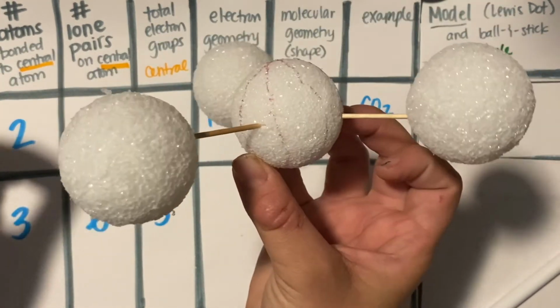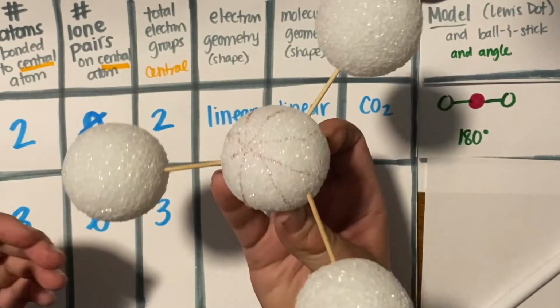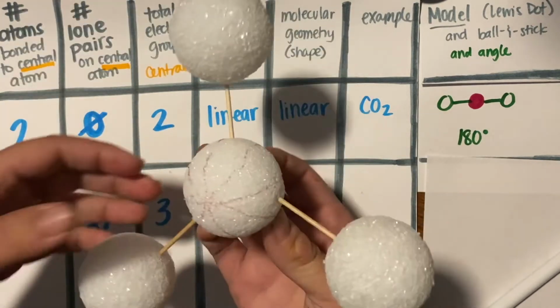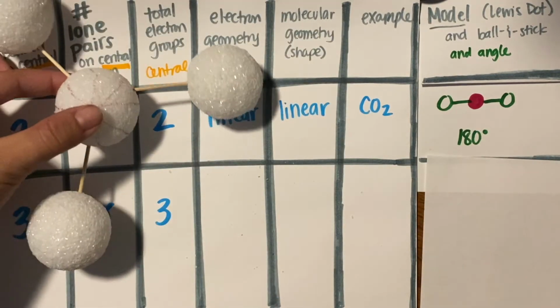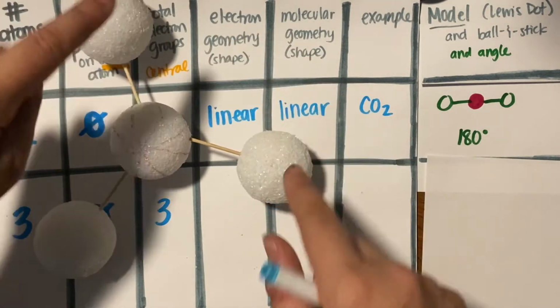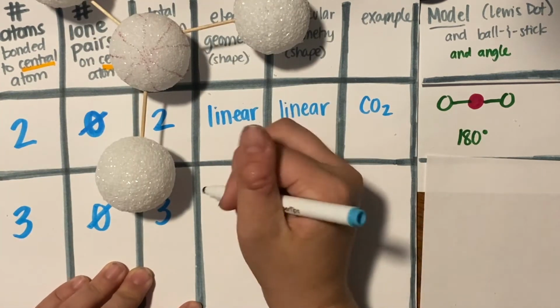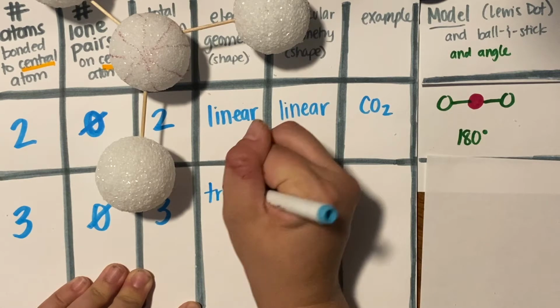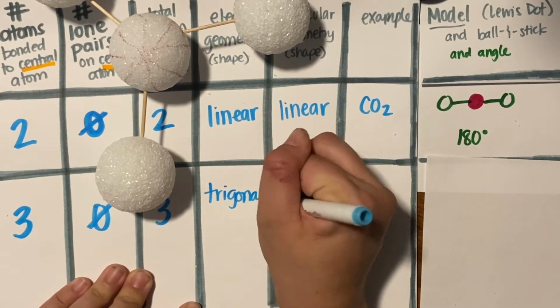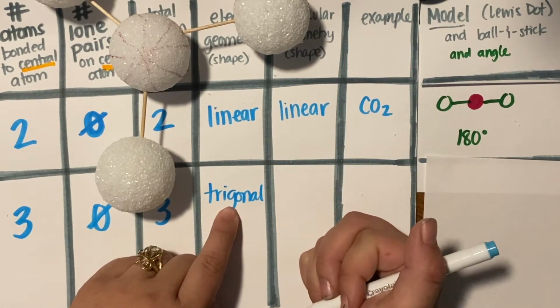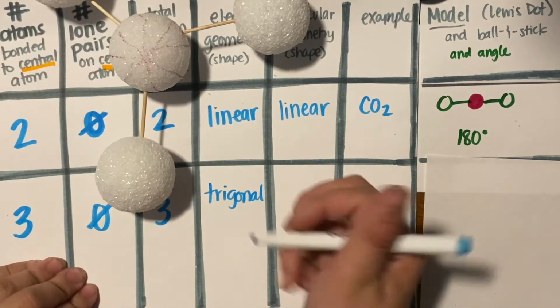These are flat, there's nothing sticking up or underneath. They are on the same plane, and there's 3 of them. So this electron geometry we call trigonal planar, and it's on the same plane, so planar.